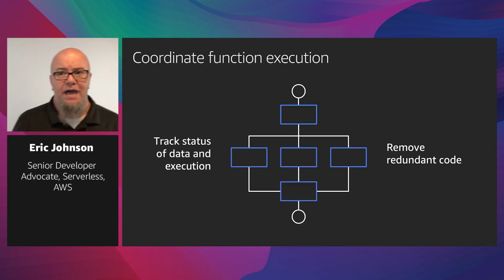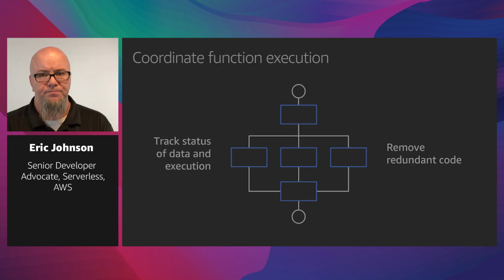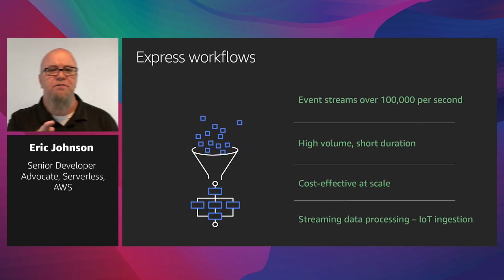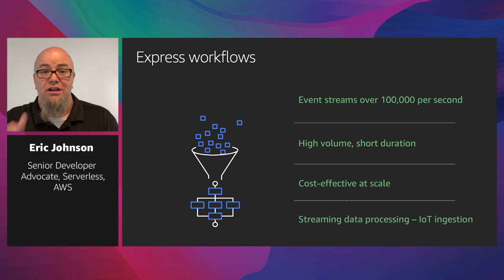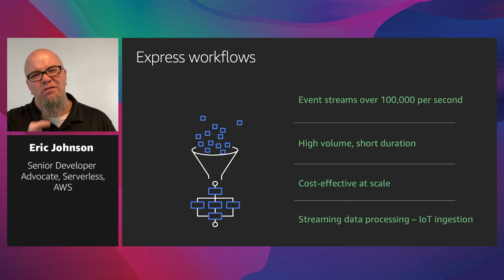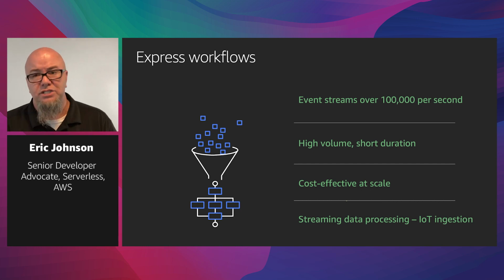So even with these three patterns, we know that there needs to be coordination. And we want to help developers remove this coordination code from their code itself and move it into services. Many customers use Step Functions. Now, standard Step Functions can run for up to a year. They have strong exactly-once guarantees, but we know that they're kind of over-engineered for maybe some more ephemeral and quick processing jobs, right?